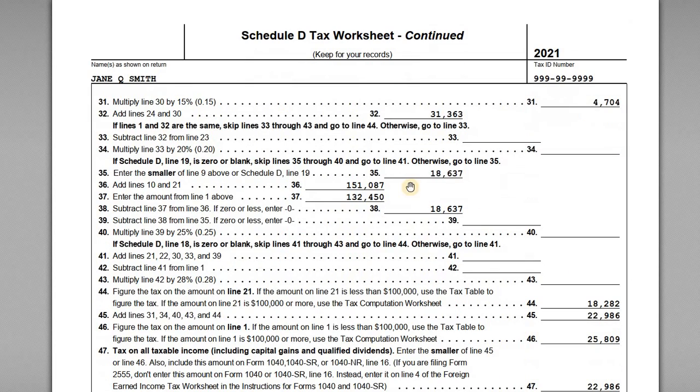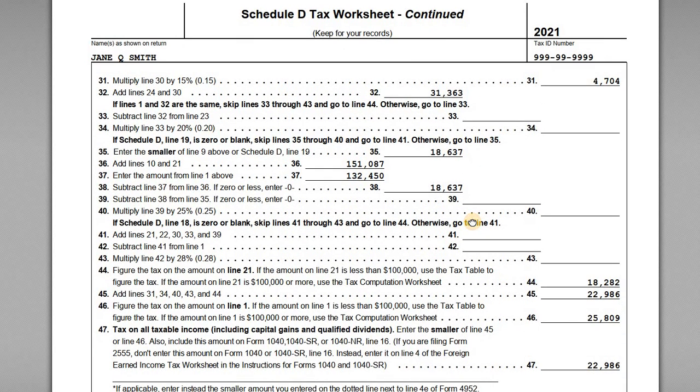And then when we get down here to the unrecaptured 1250 portion, notice the way this worksheet is figuring the amount for her is they are saying, look, given your total income amounts, the 18,637 is just going to be included in your ordinary taxable income, right? Whatever that effective rate is.